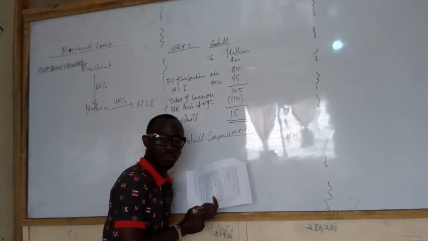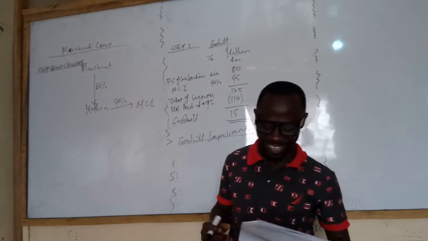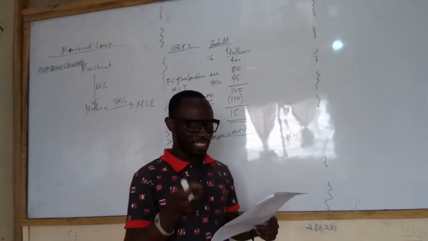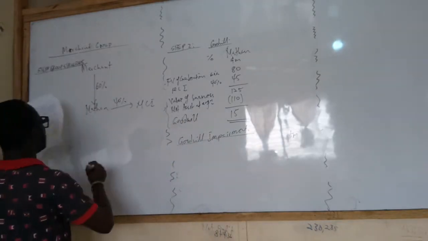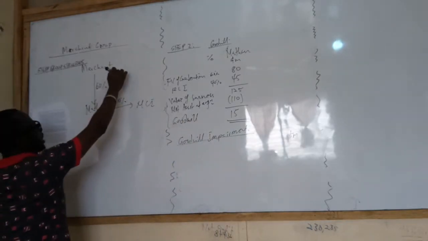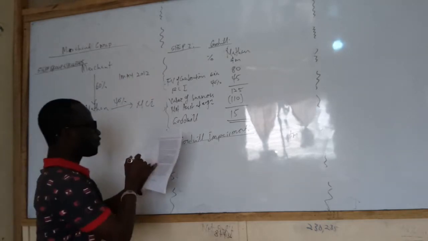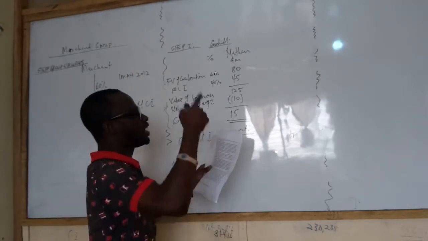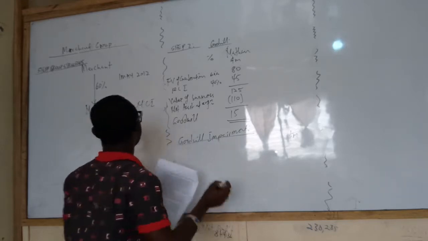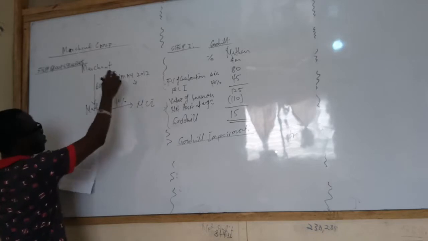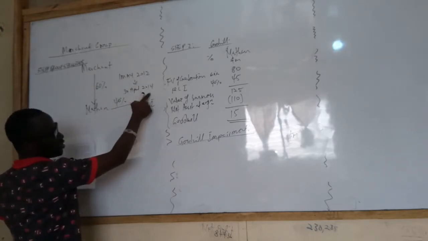What adjustment do we do? Now listen carefully. Let's read it again. Goodwill has been tested annually and as at 30th April 2012. Now, when was the acquisition? 1st May 2012. So if as at 30th April 2013, that means after year 1, right? The year end for this question is 30th April 2014.